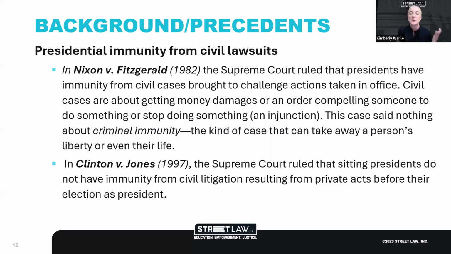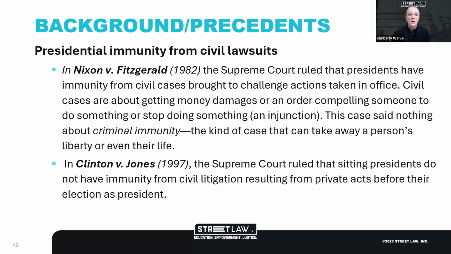The first time immunity came up was in a civil case where a disgruntled federal employee tried to sue Nixon over an employment decision that was executed by somebody lower within the ranks of the executive branch. The Supreme Court said you can't have disgruntled employees suing presidents of the United States for money damages or for injunctions.